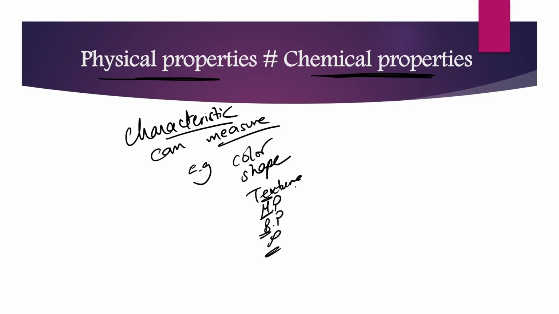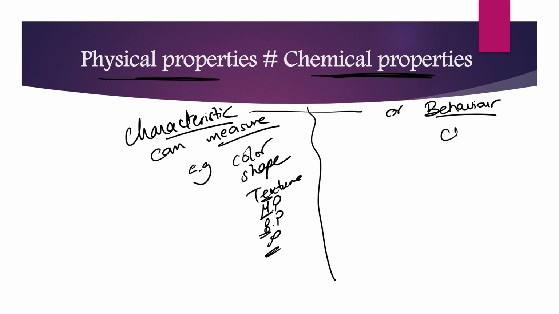On the other hand, what do we mean by a chemical property? A chemical property is a characteristic or a behavior that is observed when the substance undergoes a chemical reaction. So there should be a chemical reaction.